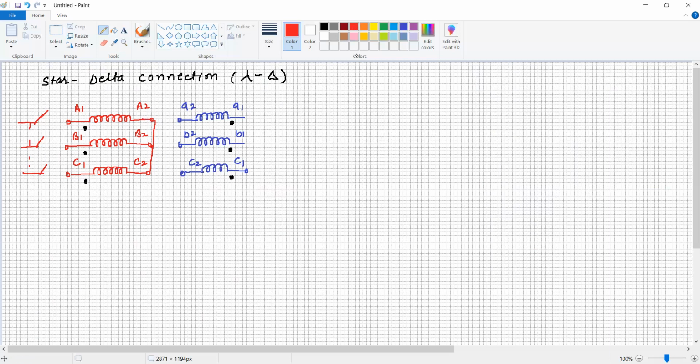So this is a primary voltage. Primary voltages.